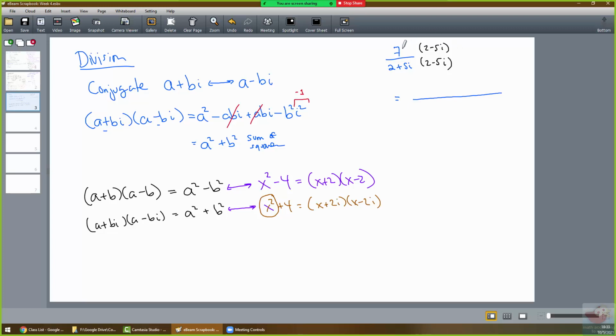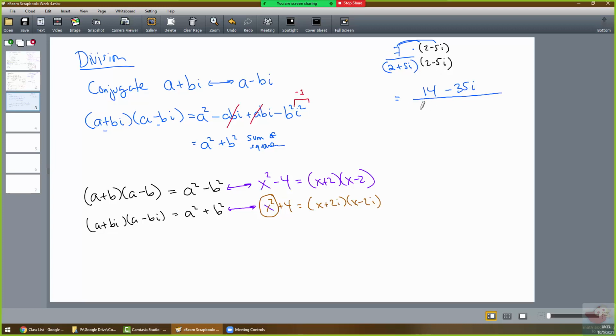Upstairs, you have a monomial, 7, times a binomial, 2 minus 5i. So you just distribute that through. 7 times 2 is 14, and 7 times negative 5i is negative 35i. Downstairs, you're multiplying a complex number by its conjugate.